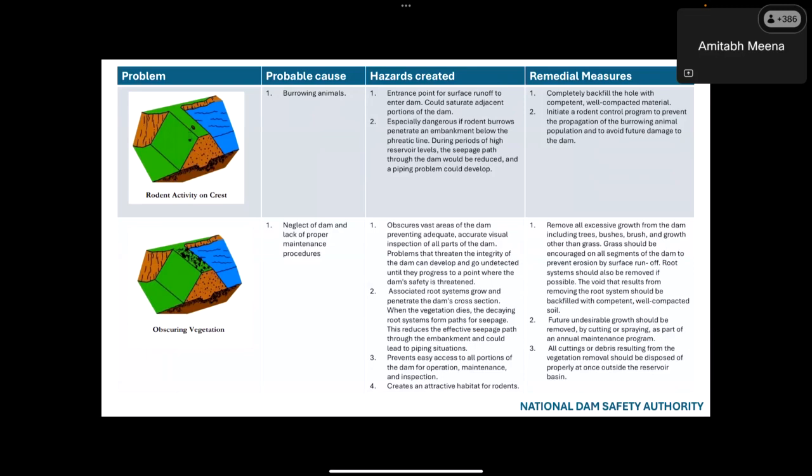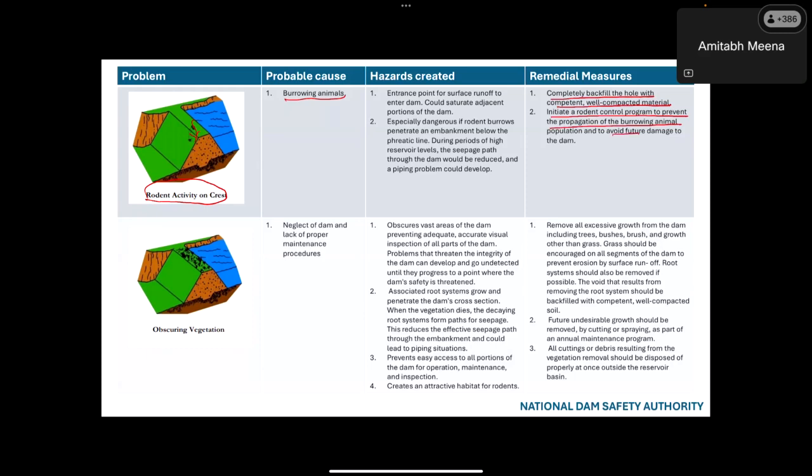These are caused by burrowing animals, and they should be completely backfilled with competent, well compacted material. And we should also initiate a rodent control program to prevent the propagation of the burrowing animal population, to avoid future damage to the dam.